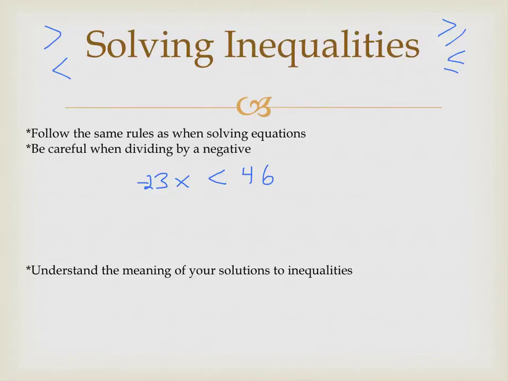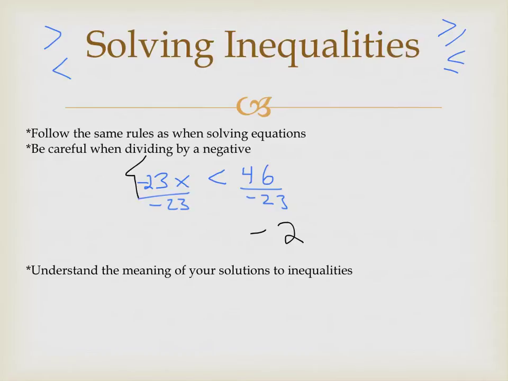Okay? Now, if you want to solve for x, you would just pretend this is like an equal sign, just like you're used to. Now, right now, you have multiplication. X is multiplied by negative 23. The inverse is divide by negative 23. Divide by negative 23. 46 divided by negative 23 is negative 2.